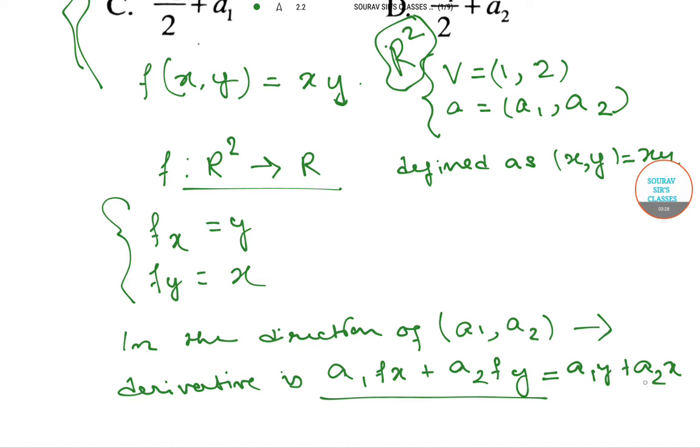We can write it like this. So just repeating myself, that is a1 fx plus a2 fy, which equals a1y plus a2x.